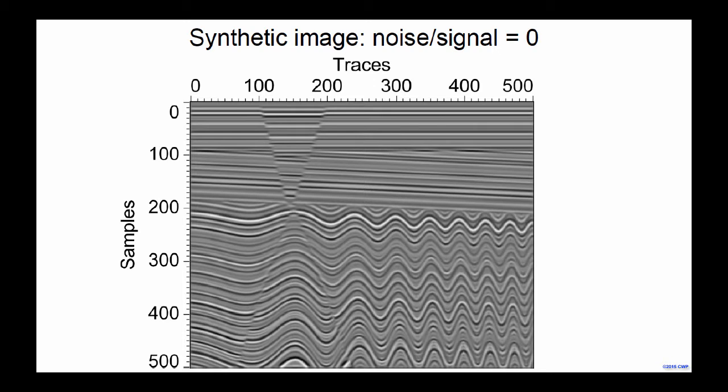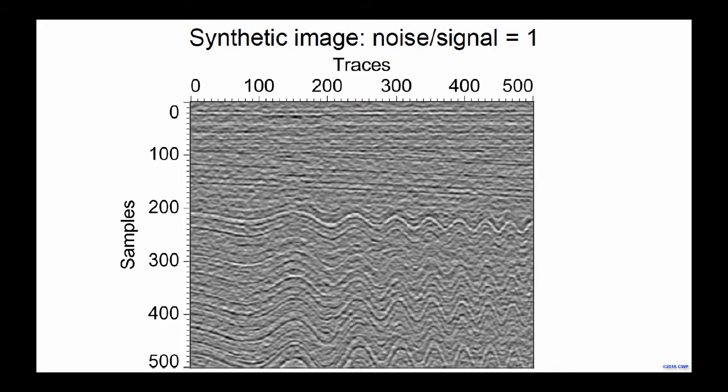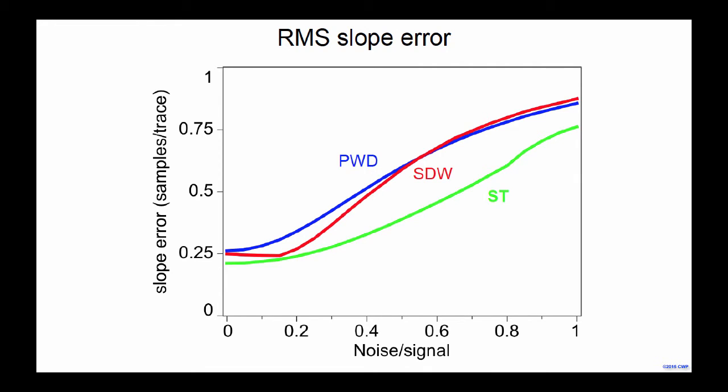For time purposes, I'm only showing you the results for a noise to signal ratio equal to 0, but in fact I have synthetic images with higher amounts of noise, noise to signal ratio equal to 1/2 and 1. And for these varying noise to signal ratios, I can compute an RMS error curve for each of the three different methods.